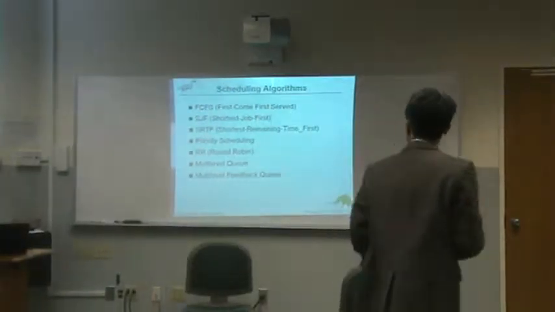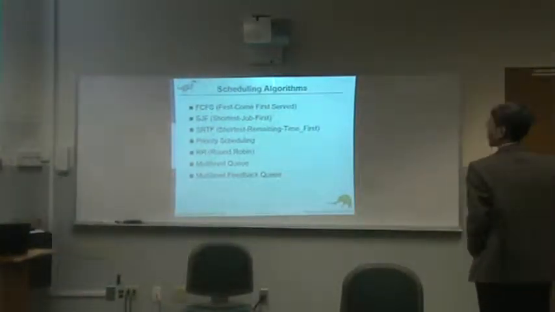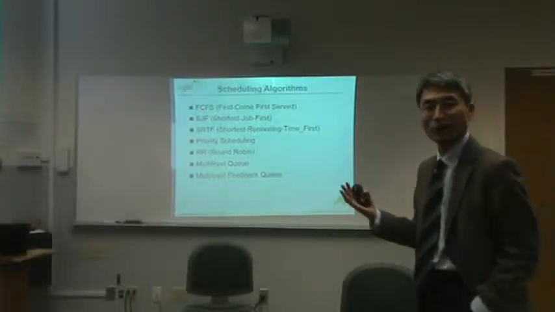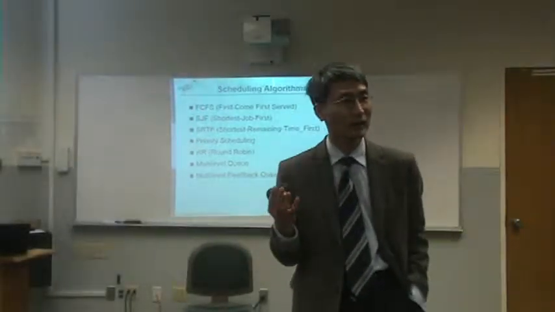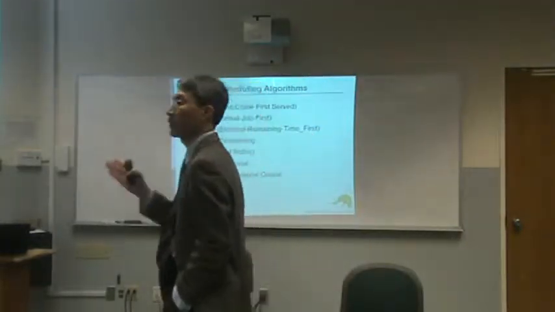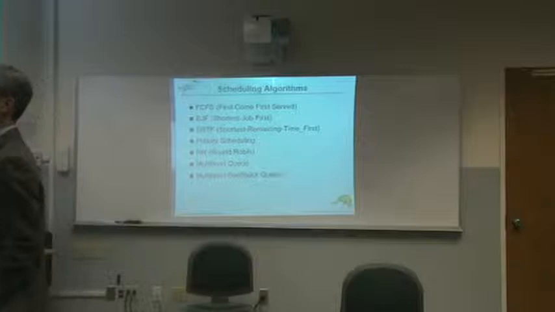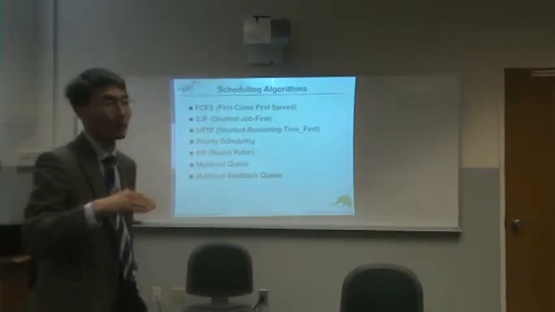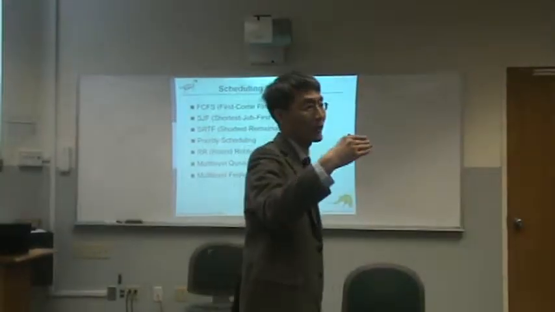Last class we covered first come first serve, shortest job first, as well as shortest remaining job first. So by the way, what is a scheduler? What is CPU scheduling? It coordinates the resources. One of the main purposes of the operating system is to coordinate and control the computer resources, because we have very limited computer resources, but we need to support multiple processes.